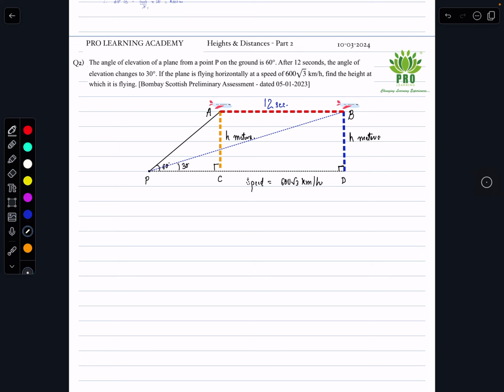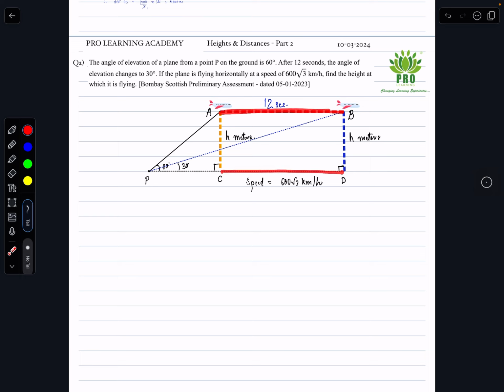So what we are required to do is figure out one distance, then apply the tan function with tan 30 and tan 60, to get some relationship between PD and PC so that CD could be used. Here we are looking at measuring the distance CD. This is the length of time, which is 12 seconds.